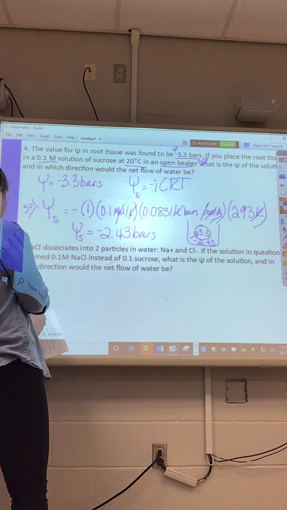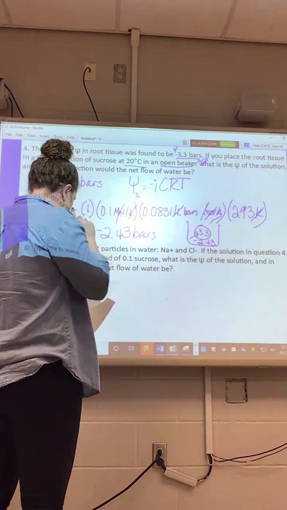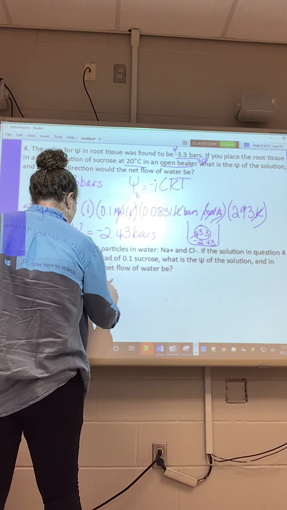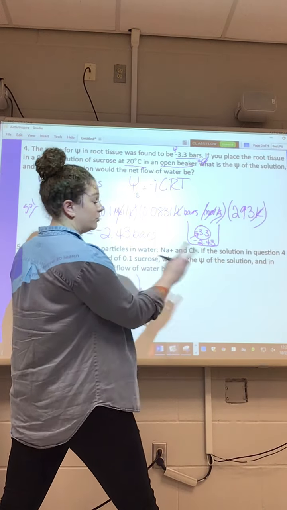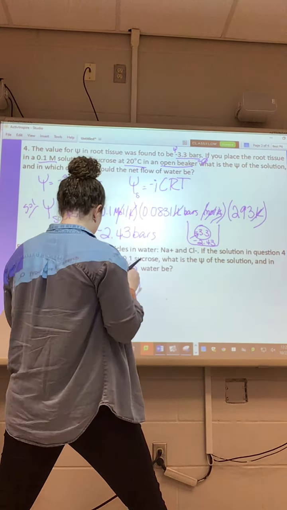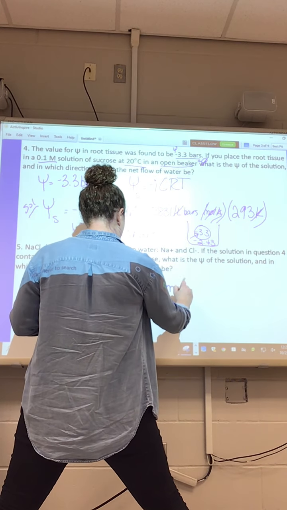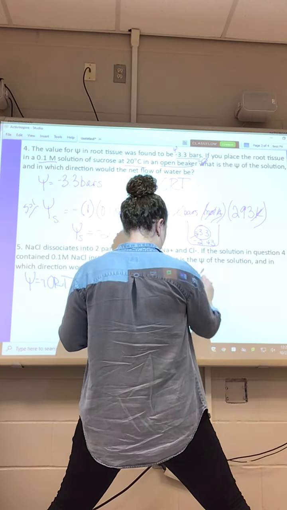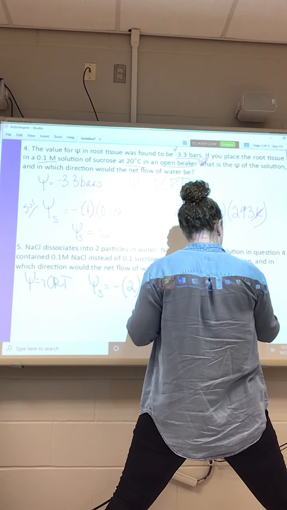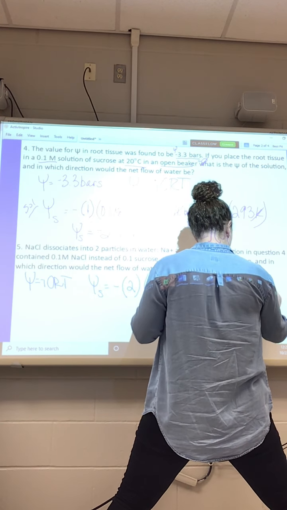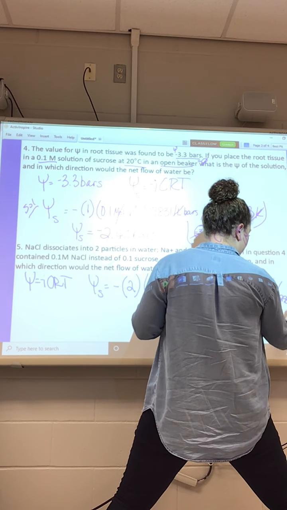So we're going to use that same formula, negative iCRT, but this time it's going to be negative 2, because remember sodium chloride dissociates into 2 things instead of just 1. 0.1 mole per liter, then the constant 0.0831 L times bars per mole Kelvin, times 293 Kelvin.